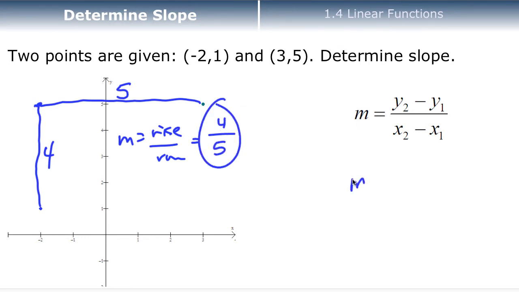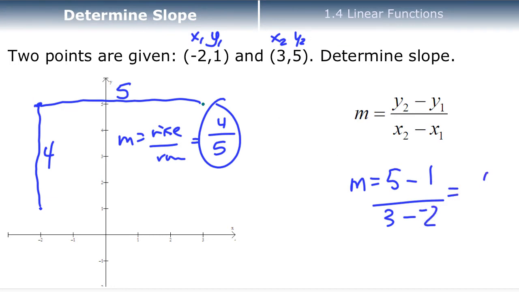I can also use this formula over here. When you use a formula, make sure you identify your points. So x1, y1. Each point has an x value and a y value. x2, y2, and then just plug them in. y2 is a 5, minus y1 is a 1, over x2 is a 3, minus x1 is a -2. Ooh, got to be careful with that right there.